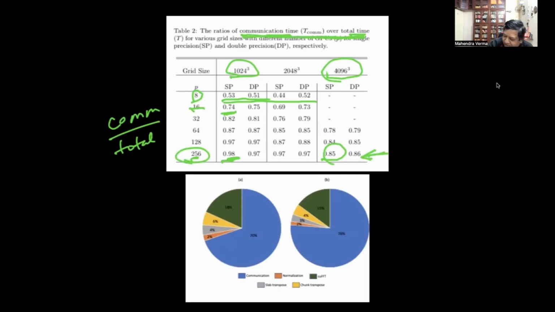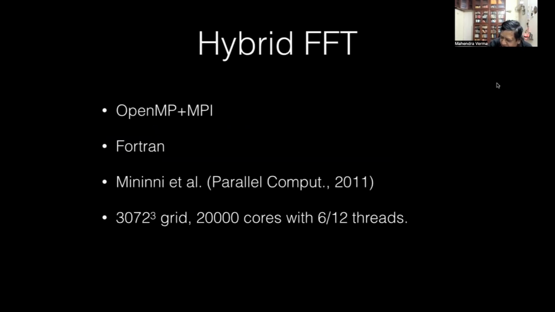Now, with GPUs, there is hope that we can improve this FFT. There's one more thing I wanted to discuss: hybrid FFT. There's lightning going on, so hopefully the power won't go away. If it goes away, then we'll close the class. A hybrid FFT is combining OpenMP and MPI.